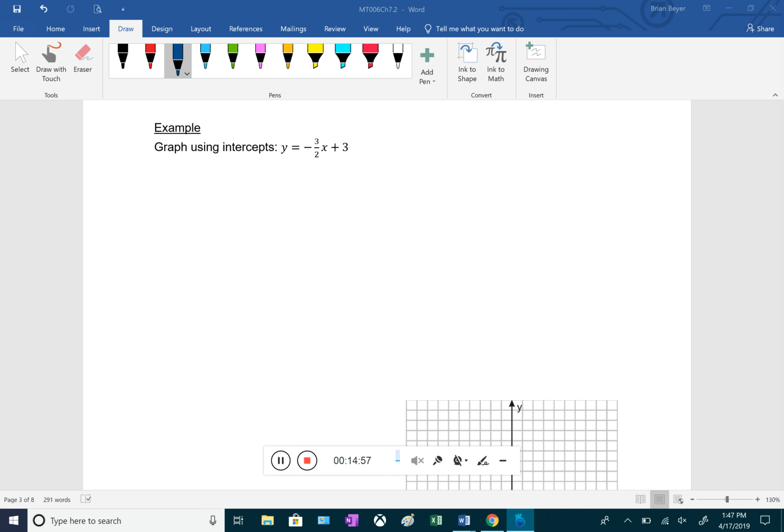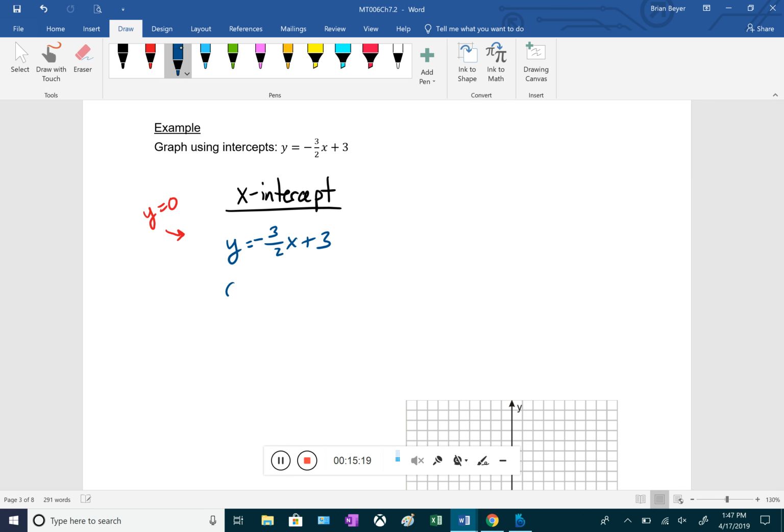We have y equals negative 3/2 x plus 3. So finding the x-intercept, which once again means y equals 0. So we have our equation, negative 3/2 x plus 3. And we're going to plug in y equals 0.